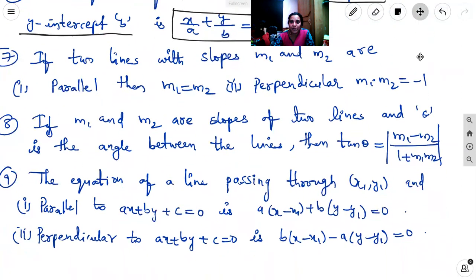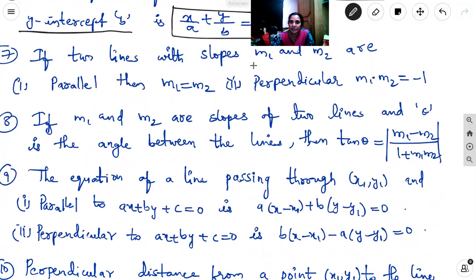Seventh one, if we know the two slopes of the lines, suppose one line slope is m1, another line slope is m2. How to differentiate the parallel and perpendicular lines? If two lines are parallel, the slopes should be equal, m1 is equal to m2.